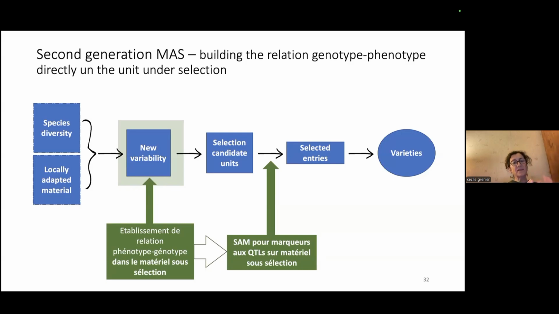And with this relationship, you are very close to the candidate unit for selection. And here you make marker-assisted selection. Oh, sorry, this is a French slide, for the QTL under selection.